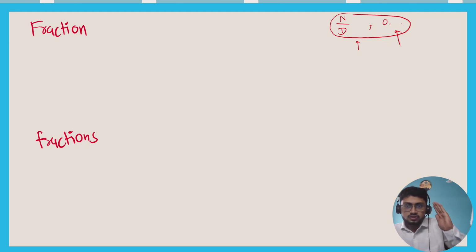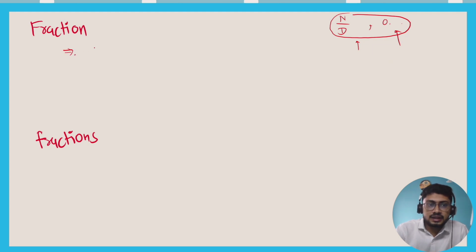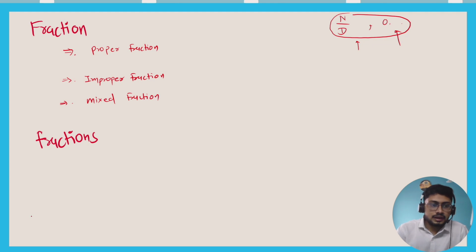But before solving numerator and denominator kind of stuff, we need to understand what we mean by fractions. Okay, so when we are considering fractions, they are majorly of three types: proper fraction, then improper fraction, and then mixed fraction. Now let me give you a proper insight.